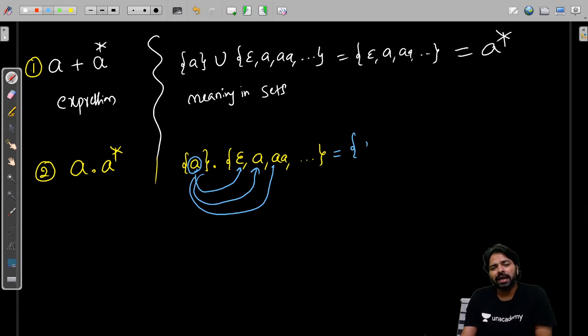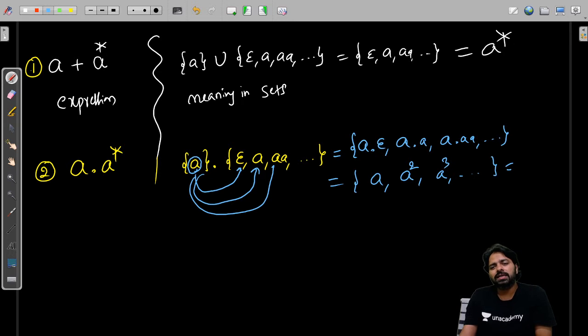That is पहले A dot epsilon, A dot A, dot double A and so on. A comma A square comma A power 3. So that is the reason you get A plus. The A dot A star is A plus, but A plus A star is A star. Have clarity.